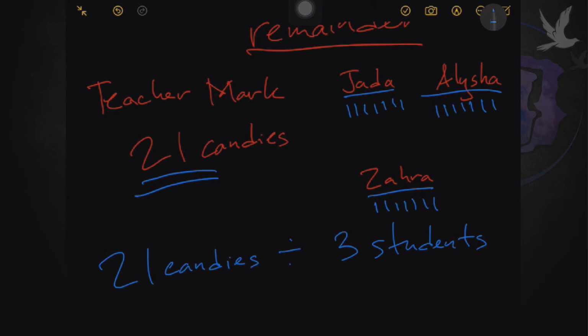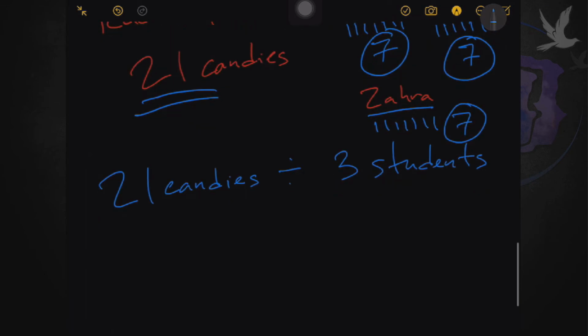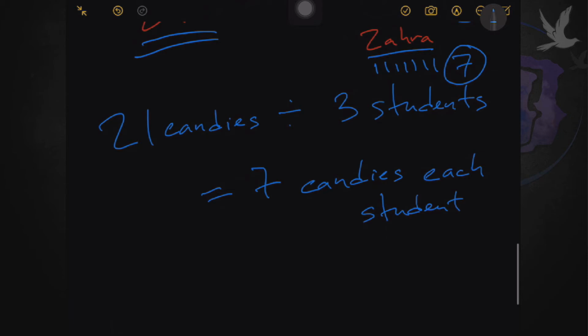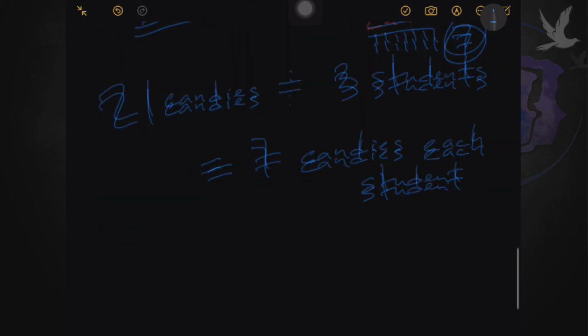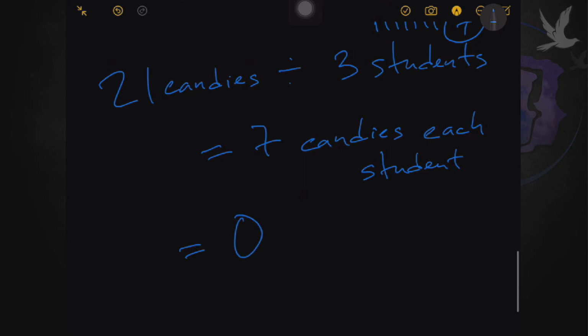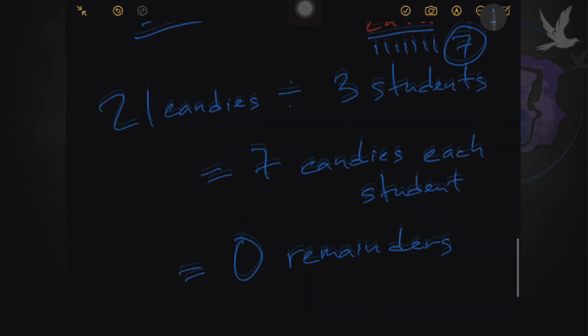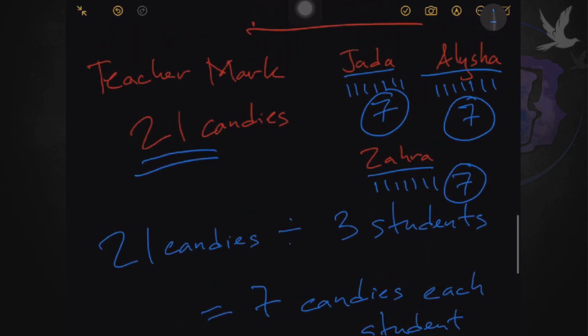And if you observe, each of my students now have 7 candies, which means 21 candies divided by 3 students is equivalent to 7 candies each student. Okay? How many do I have left? None. 0. Which means I have 0 remainders. Okay? I have none left kasi naubos lahat. It was equally distributed to Jada, Alicia, and Zara.